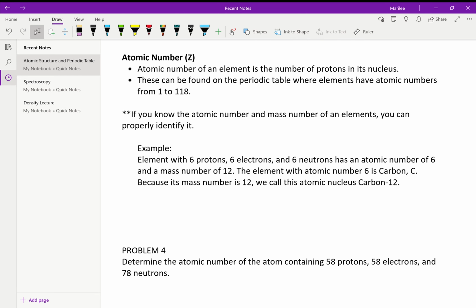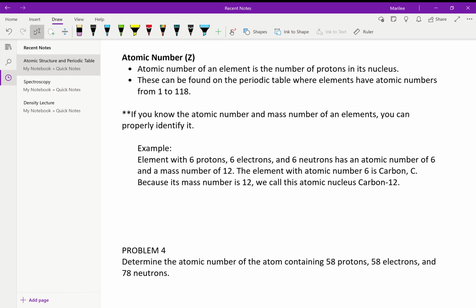It says, element with 6 protons, 6 electrons, and 6 neutrons has an atomic number of 6 and a mass number of 12, right? Mass number is protons plus neutrons. 6 plus 6 is 12. The element with the atomic number 6 is carbon. Carbon is shown on the periodic table as the letter C. Because its mass number is 12, we call this atomic nucleus carbon 12.